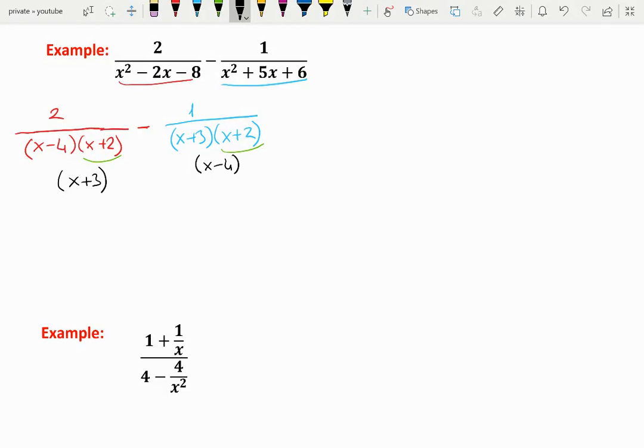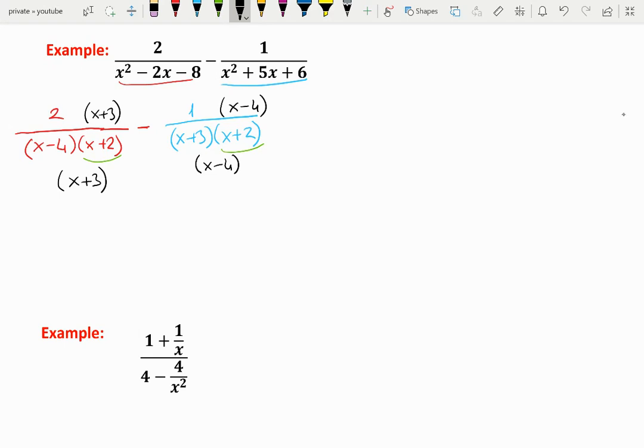And I have also multiplied x plus 3 on the numerator, and I have to multiply this part with the same number, because if I'm doing something in the denominator, I have to do the same thing in the numerator, and then I will be safe.